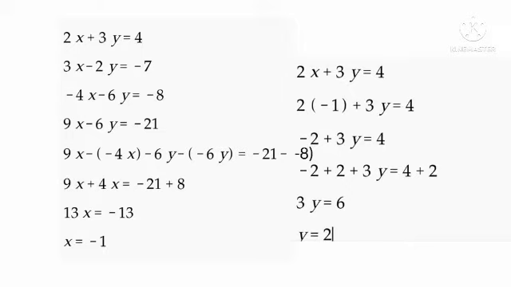Our goal is to make the coefficient of one of the variables equal. The coefficient is what is in front of the variable, combined with it by multiplication. 2 is the coefficient of x in equation 1, 3 is the coefficient of y in equation 1, and so on.